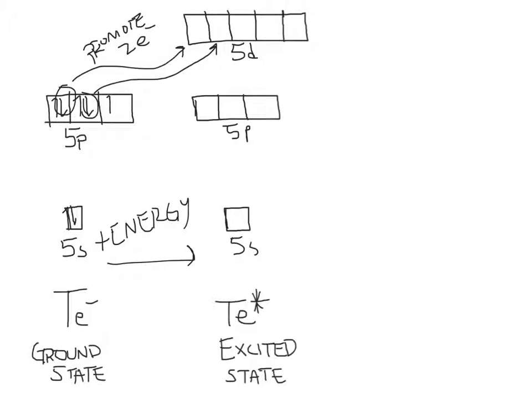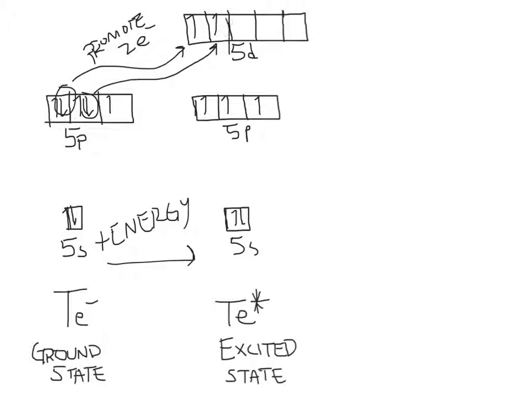Now, after we promote these 2 electrons to the 5d orbital, the rest of the p orbitals are going to come over, and the lone pair in the 5s orbital is coming over as well. As we can see, we have 5 valence electrons that are ready to pair with the 5 fluoride ions.